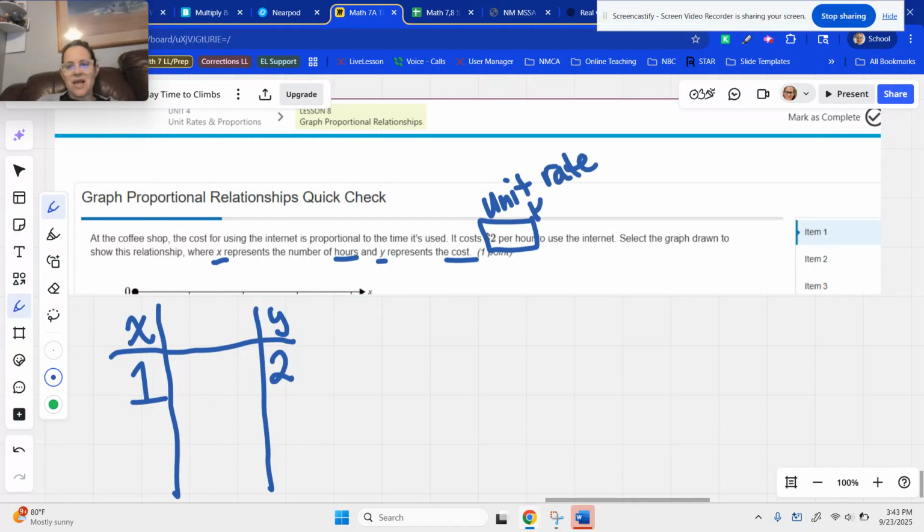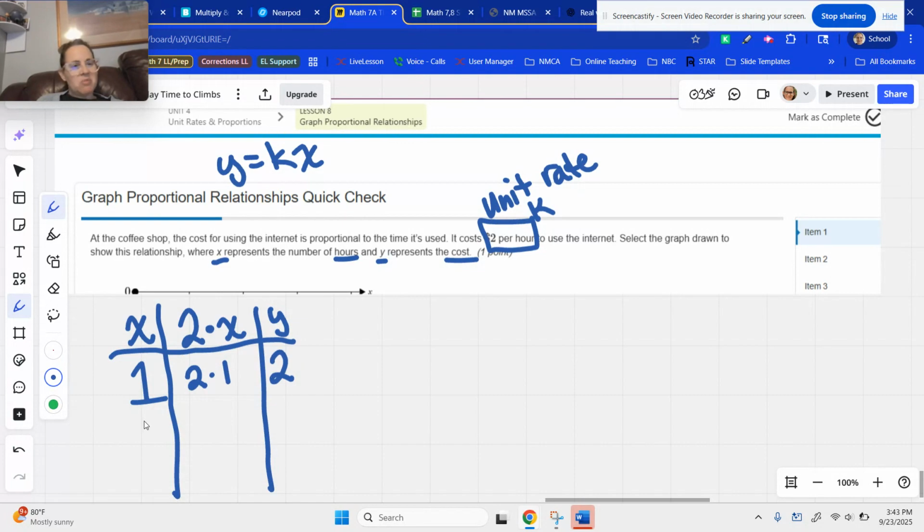That is also K, the constant of proportionality. Okay, so remember Y equals KX. So that means for any X value, if I multiply 2 times X, I will get the Y value. Okay, so 2 times 1 is 2.